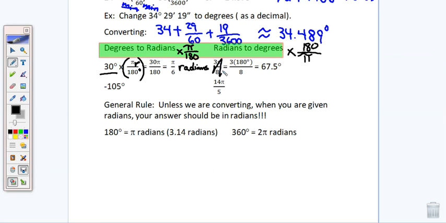Okay, so here's what I'm going to do. I'm actually just going to wipe this out. I don't like the way that's written, so wipe that out. We're starting with how many radians here? 3 pi over what, kids? 8. Okay. That's how many radians our angle is. We need to turn that to degrees. What am I suggesting we multiply by? Okay. Ooh, I see a pi up top and a pi on the bottom.